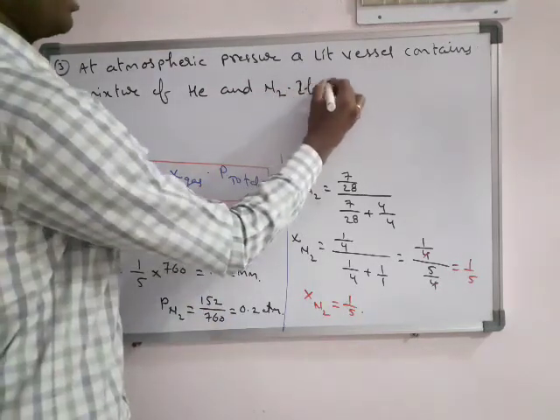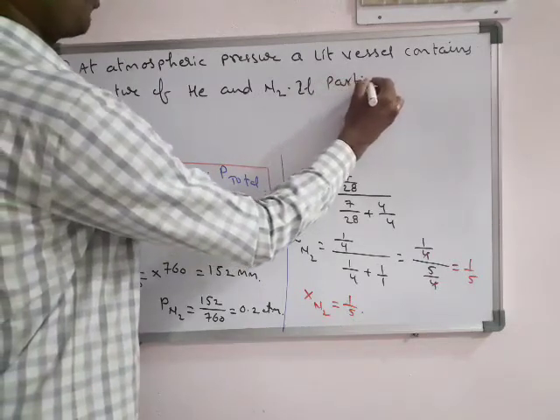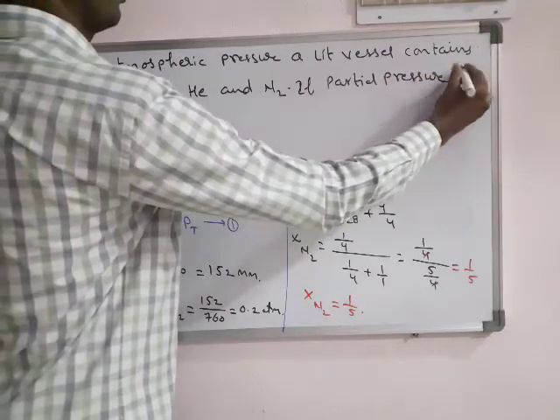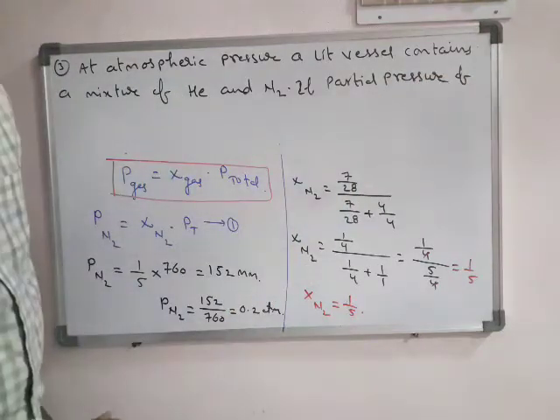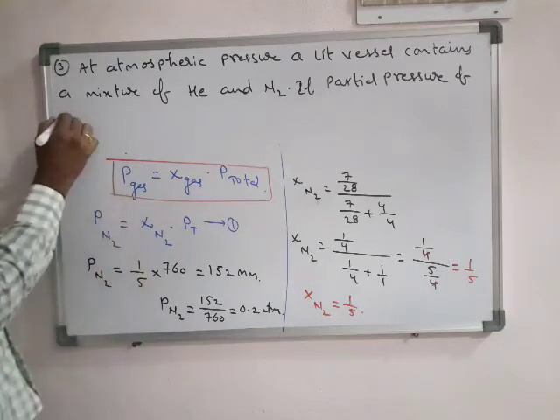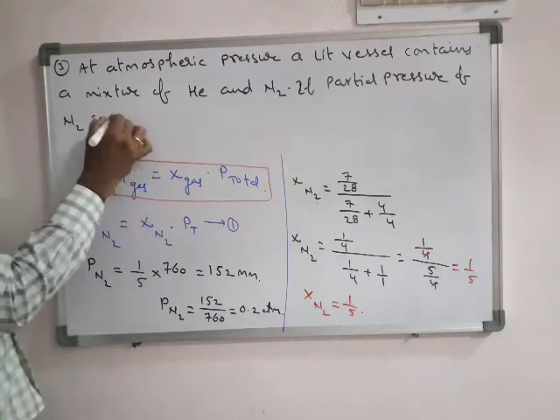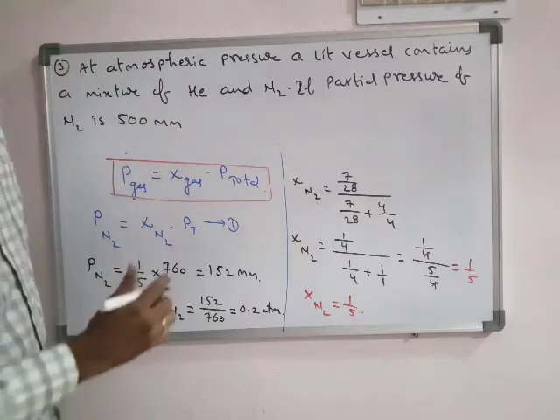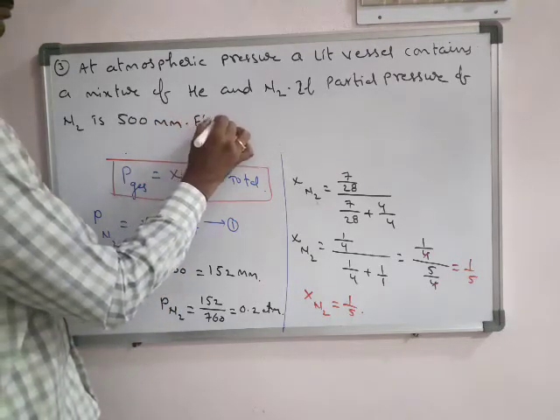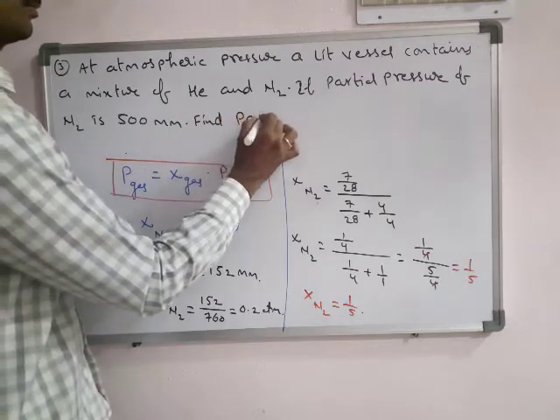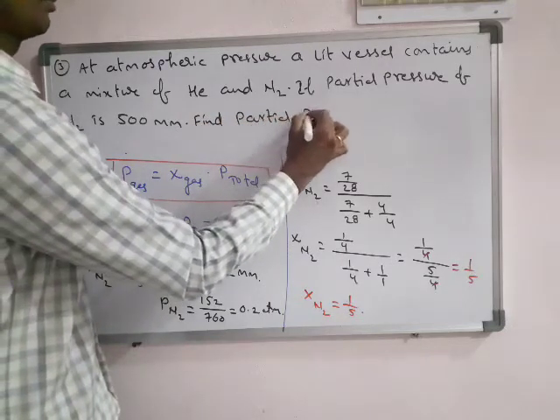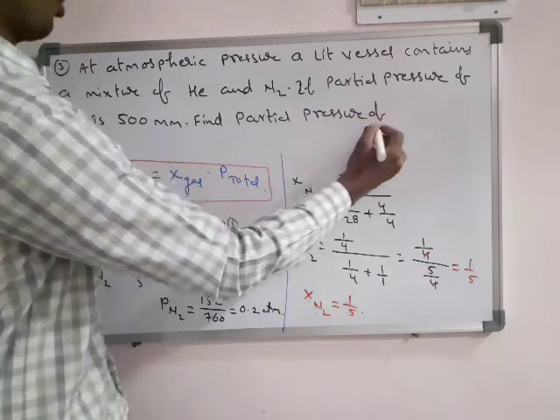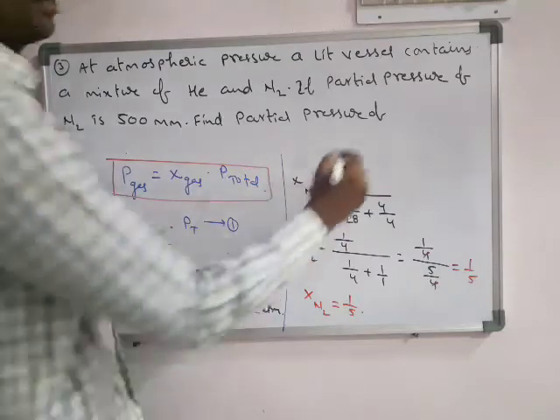Given that the partial pressure of N2 is 500 mm, find the partial pressure of helium.